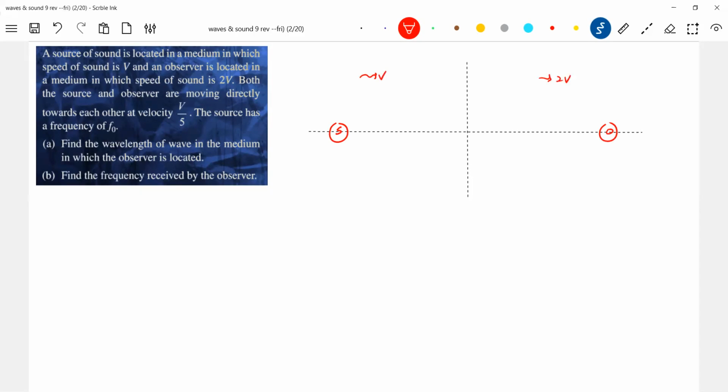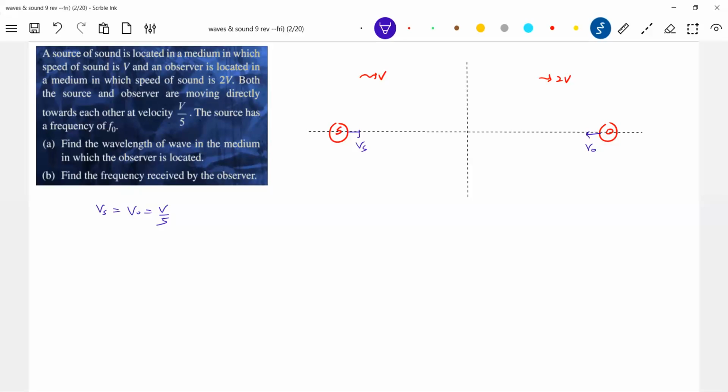Here the speed of sound will be 2v, and both are approaching each other with a speed Vs = Vo equal to V by 5. Speed of sound is v, and the observer is located in a medium in which the speed of sound is 2v. Now he's asking: find the wavelength of the wave in the medium in which the observer is located.